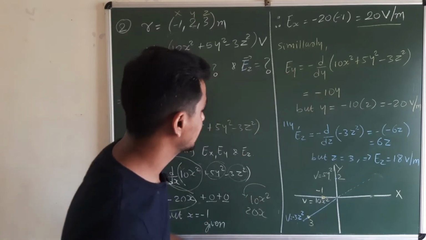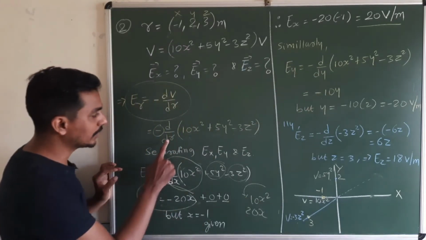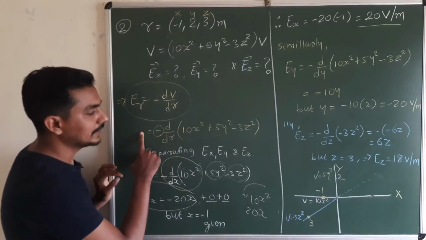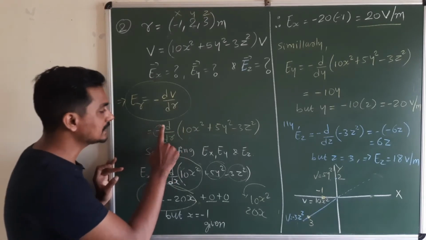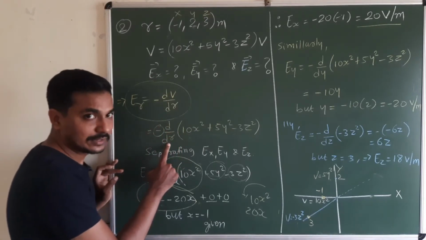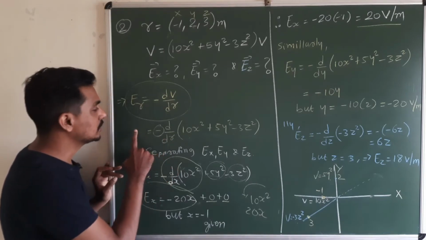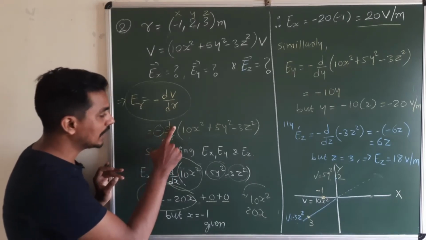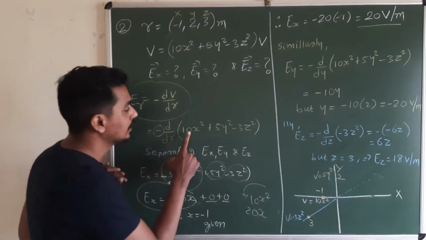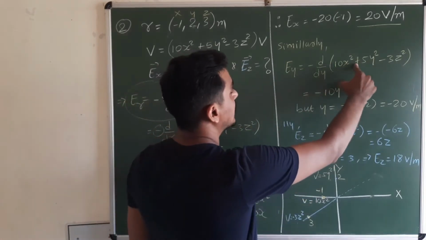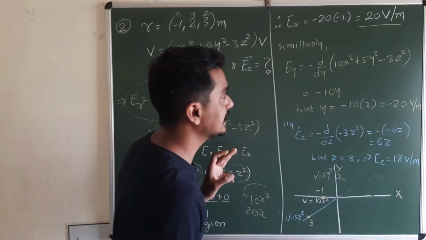Similarly for y, right? So Ey is equal to -d by dy. See here, instead of r, now we are substituting y. So Ey is equal to -d by dy of 10x square plus 5y square minus 3z square.